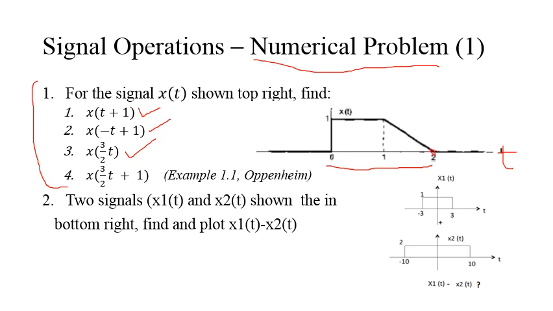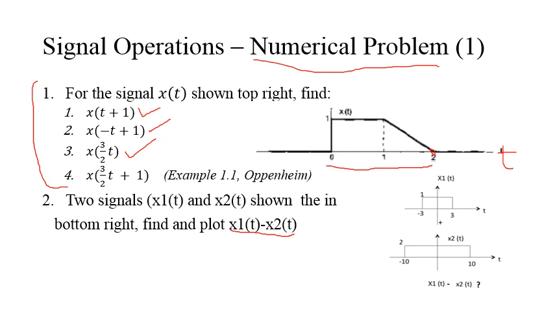So the second example shown here is a signal, x1 of t, graphically shown here, and this is the x2 of t, and all you need to do is subtract x2 of t from x1 of t, right?